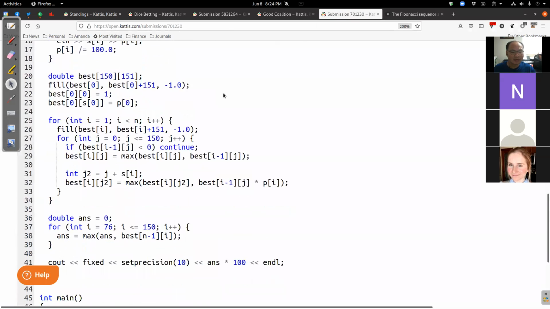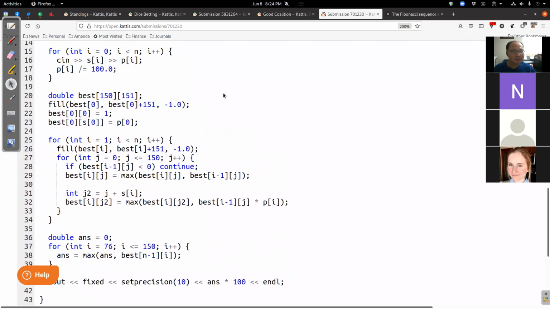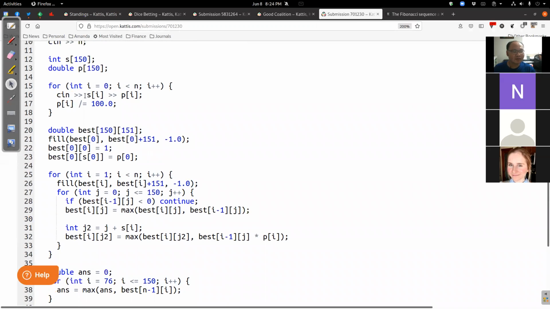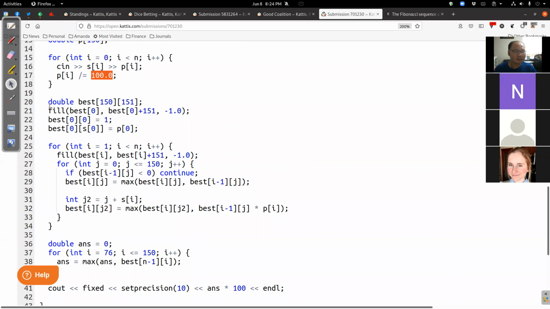but here we are. For each item, or each party, I read in the size and the probability. The probability is given as a percentage, so I divide by 100. This is basically the setup for a knapsack. The first dimension is how many parties or items I've considered so far, and the second is how big the coalition is, or the capacity I've used.